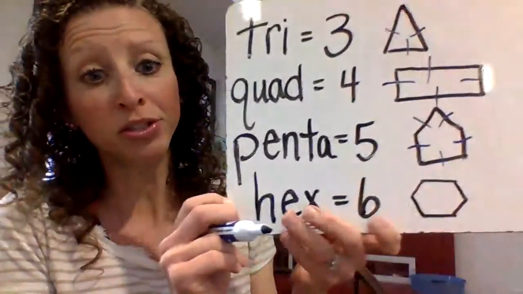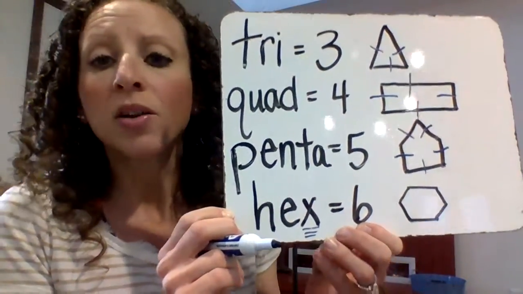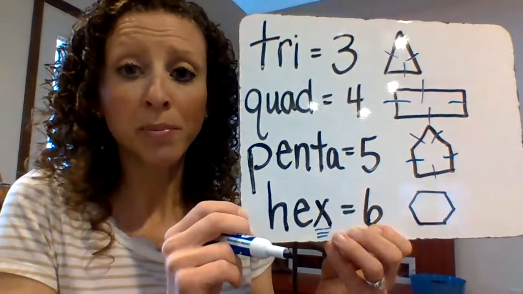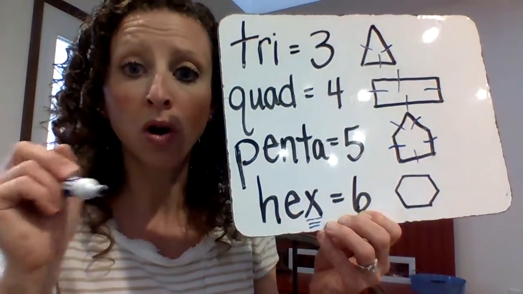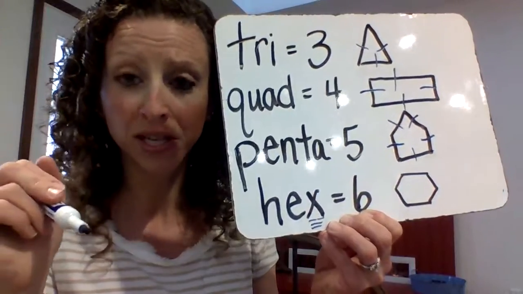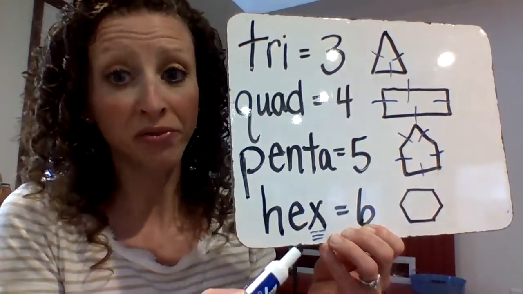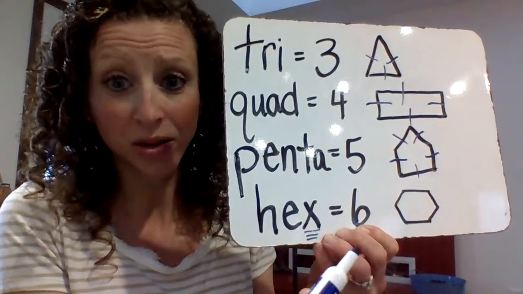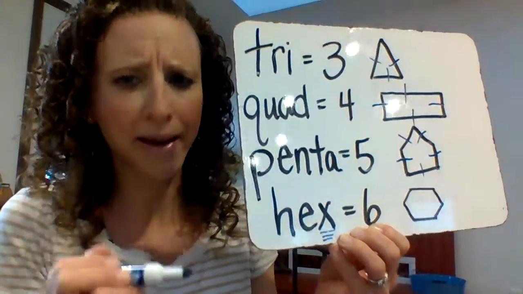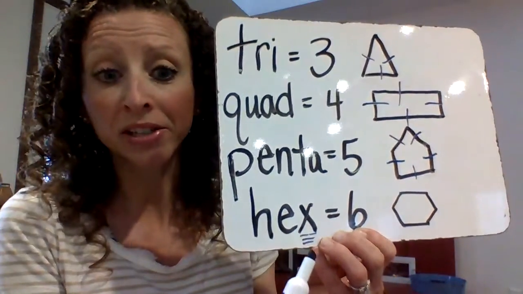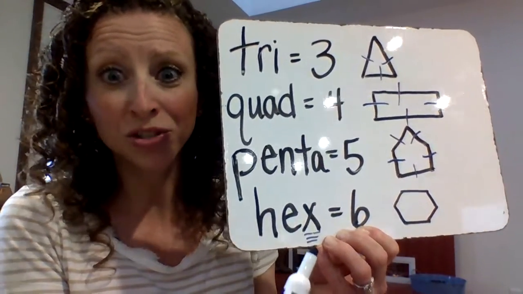Down here, this should look familiar, okay? We talked about hexagons when we were talking about our bees. Remember when we looked at the cells? They were all hexagonal shapes, okay? So hex is going to be my prefix for 6, okay? But I want you to listen. Hex, 6. They both have the letter X. That's your hint.